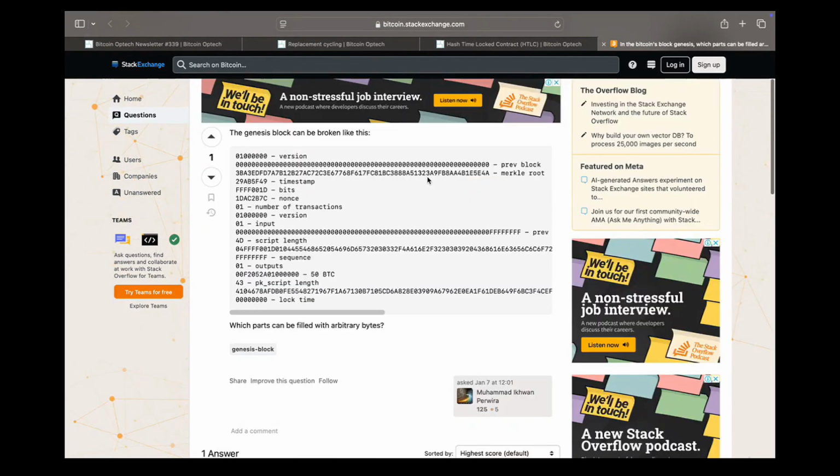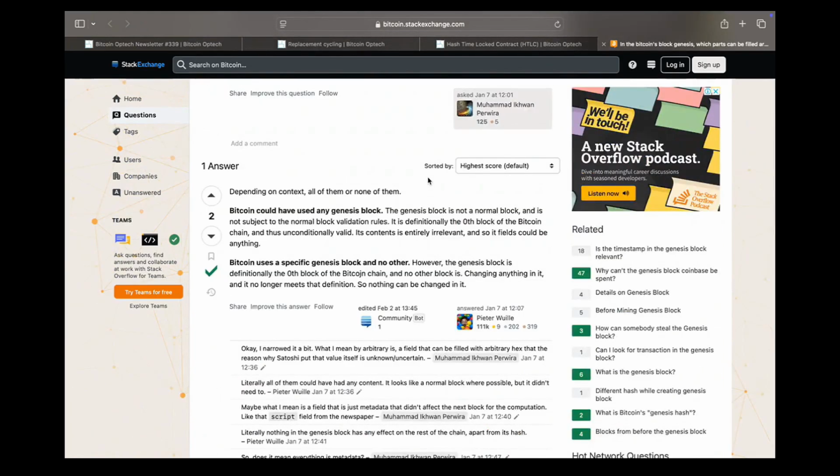But now that blocks have been mined on top of the Genesis block, the second block, third block, fourth block, and so on, now you cannot change it. Bitcoin uses a specific Genesis block and no other.